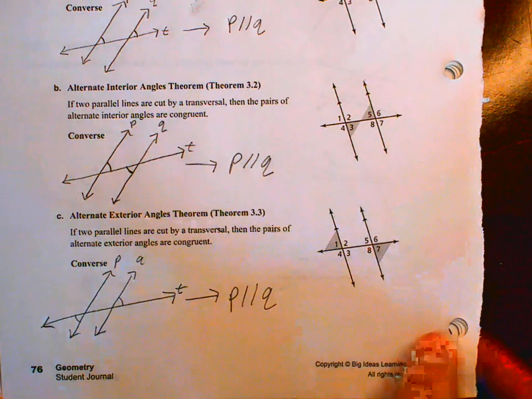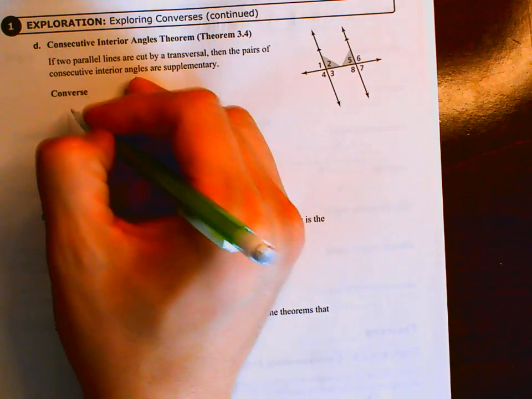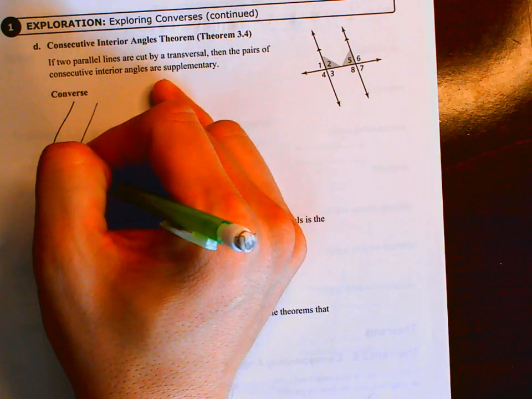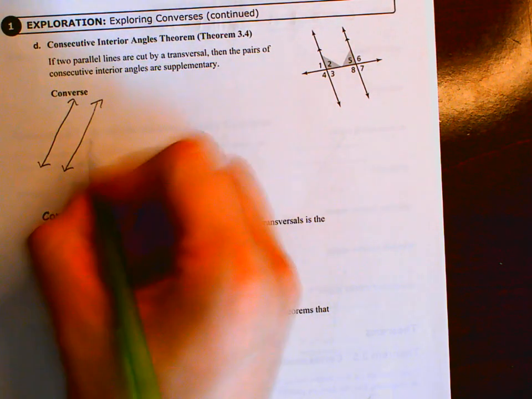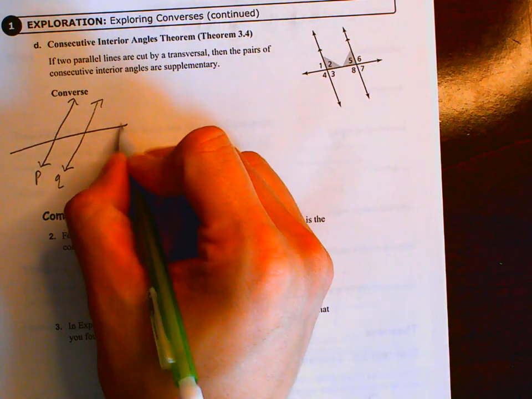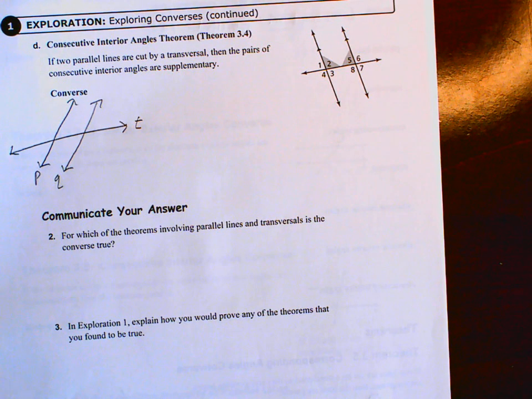Okay, turn to page 76. Now here, if you have a set of lines that we're going to call P and Q, and you have a transversal, which we're going to call T. The lines are not always going to be called P and Q and T. They could literally be called anything.